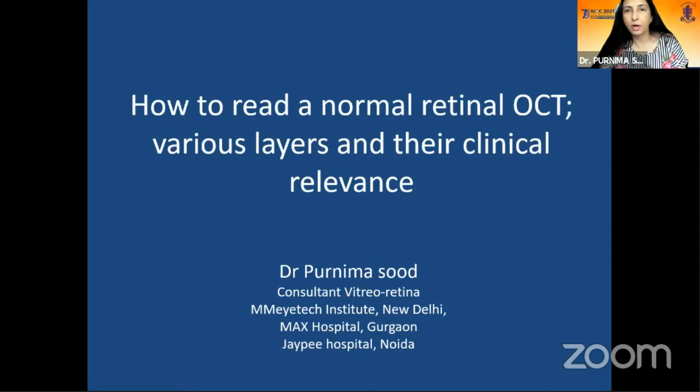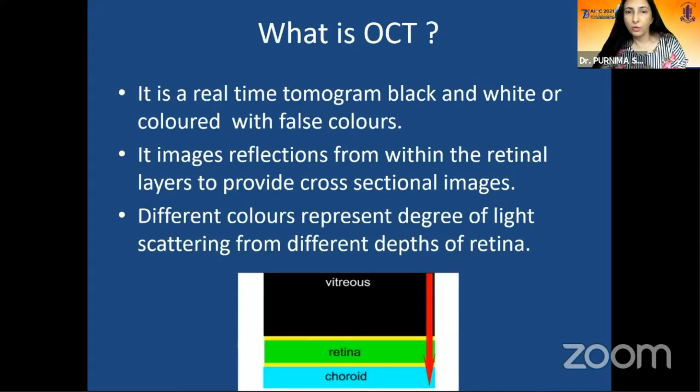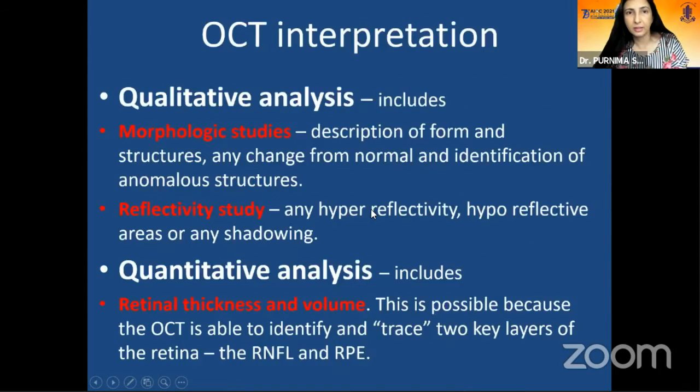So I'll be talking about how to read a normal retinal OCT, what do we see, and how to read them. As we all know, the OCT is a tomogram of black and white, and it's only colored with false colors. And it is possible because of the varied reflections from the different retinal layers. Now, whenever we see an OCT image, we do two types of analysis, a qualitative and a quantitative.